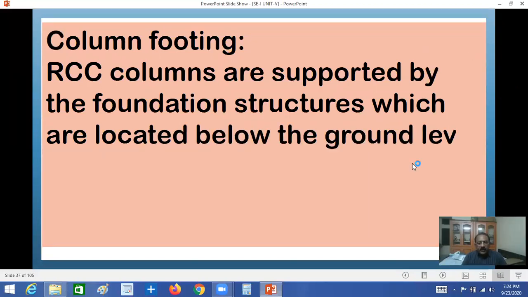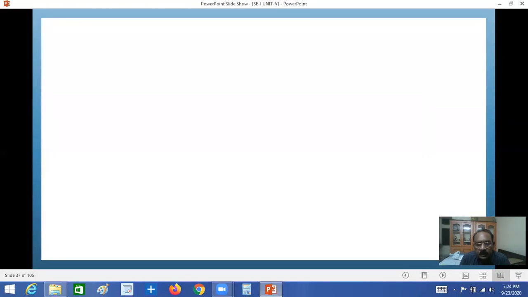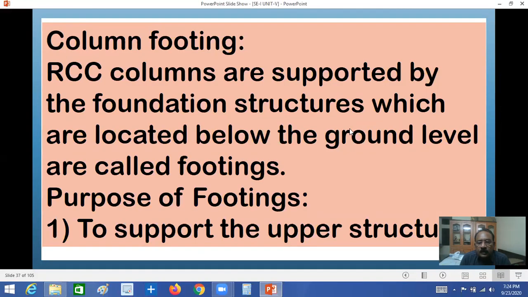There are different types of columns: isolated columns, square columns, circular columns, and combined columns. Different shapes of columns are there. Generally, square or rectangular columns will be there.